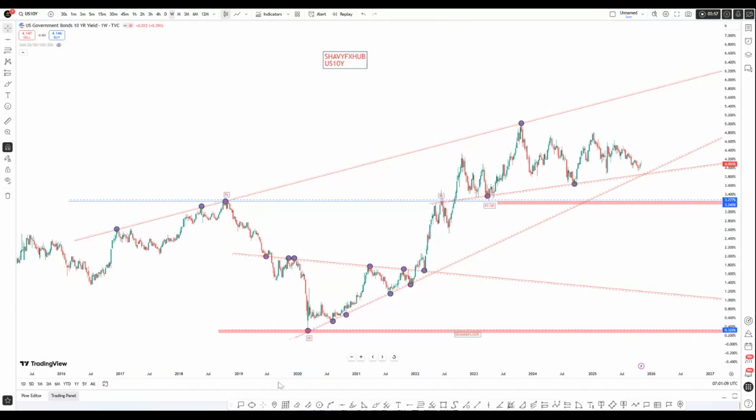So we're looking at two critical things in our strategy: the demand floor and the supply roof. On a weekly time frame, this is your demand floor and this is your supply roof.